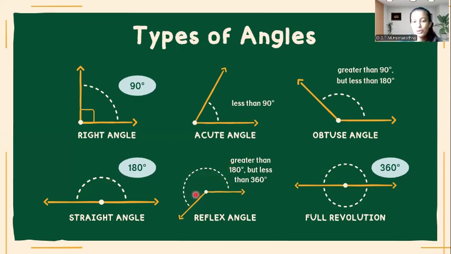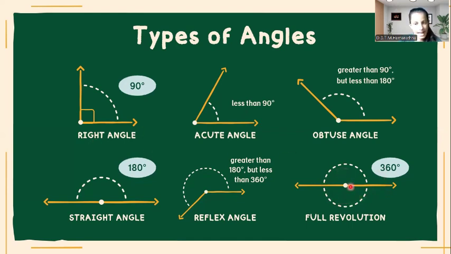So we call such angles, that means greater than 180 and less than 360, reflex angles. This is what we call a full revolution. That means it has a higher magnitude. The magnitude around this point is 360 degrees. So we call it a full revolution.